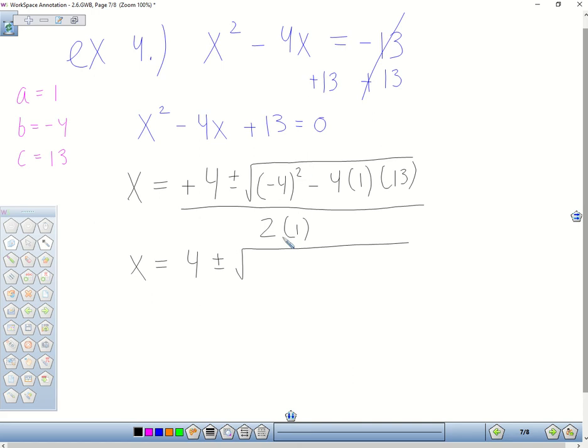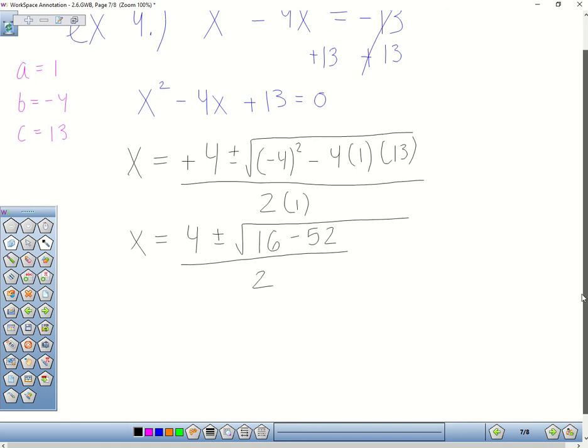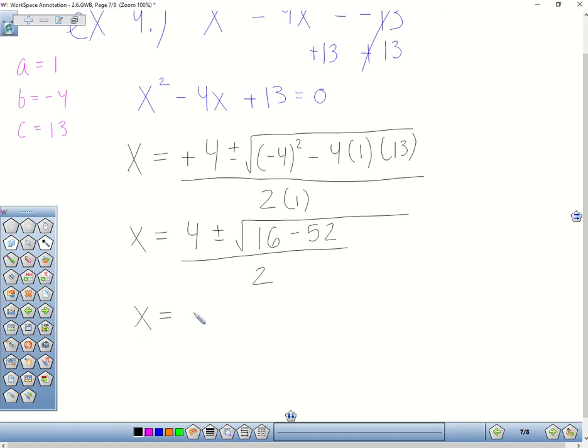So negative 4 squared is 16 minus 4 times 13, which is 52, all over 2. So this is x equals 4 plus or minus 16 minus 52, which is actually negative 36, okay, over 2. Now this right here is your discriminant, okay?